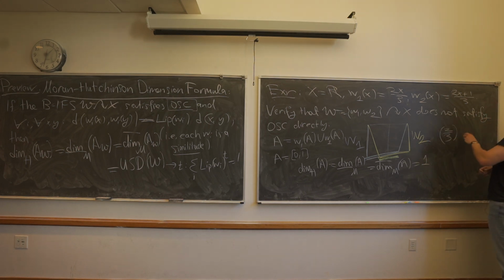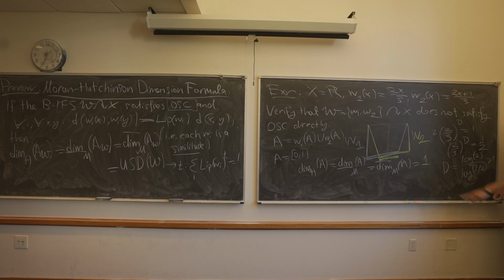So (2/3) to the power d, I have two of them, equals 1. That means that (2/3) to the d equals 1/2. So if you solve for d, that gives you log 2 over log 3/2. This is a number that is strictly greater than 1.